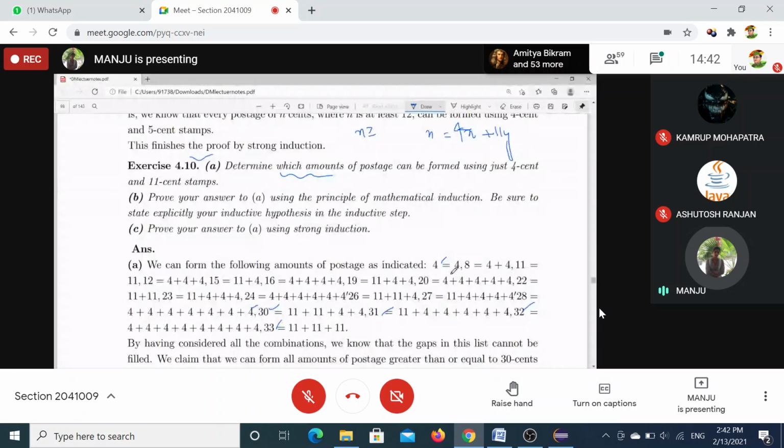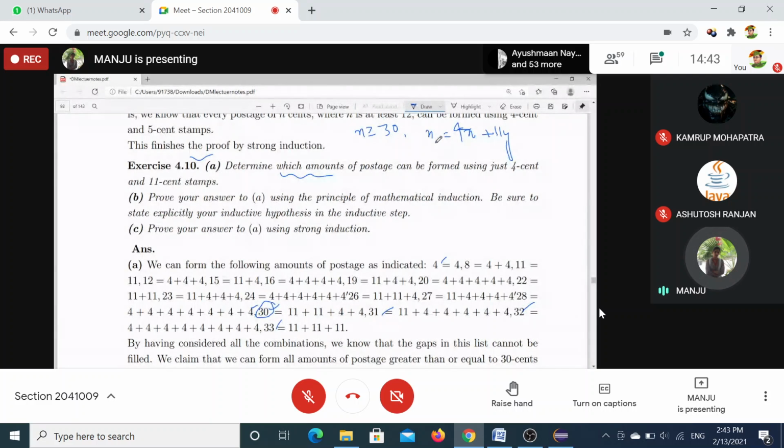If we are able to write all four consecutive numbers, that is the minimum of this one or this one, then we are able to write n greater than or equal to the number where it starts. Okay. For 30 you can write, for 31, 32, 33. Okay.